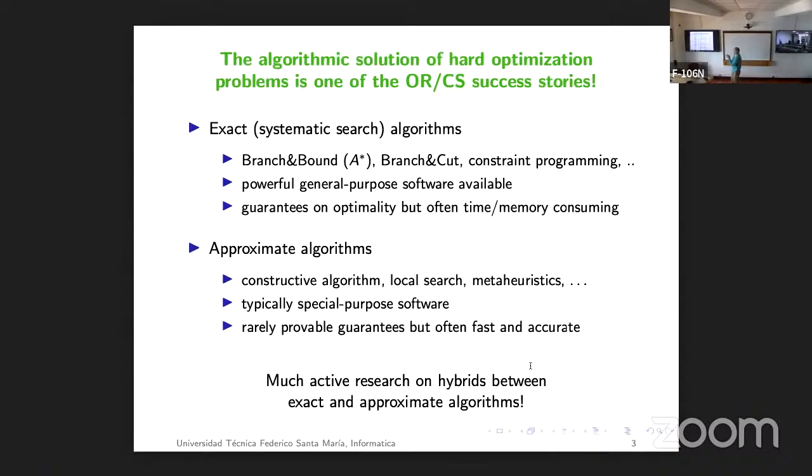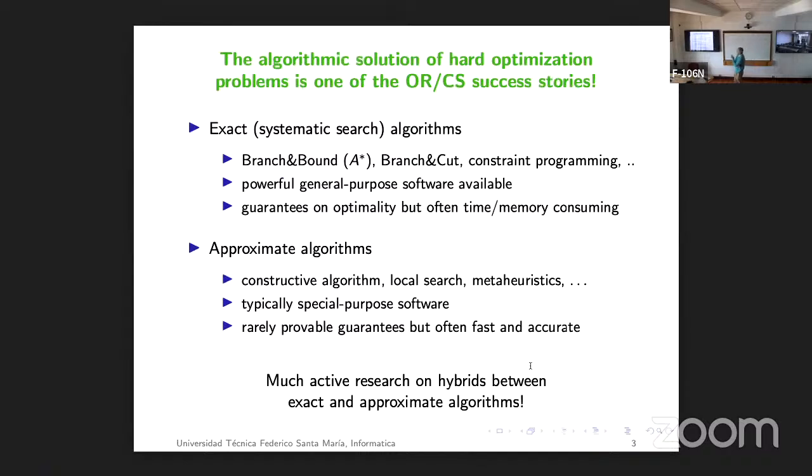They are there, and they are powerful. General software is available, and the guarantees on optimality have been here, but it's often time-consuming or memory-consuming.